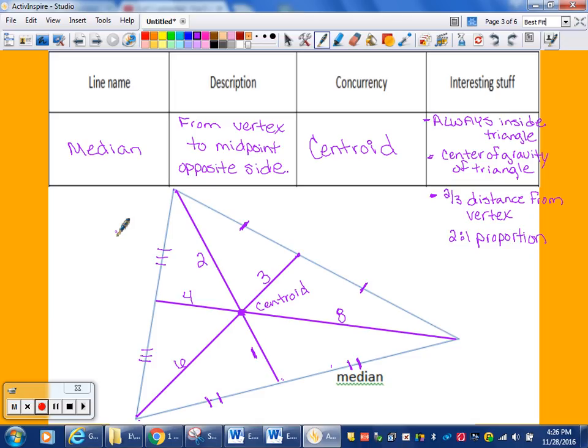It's known as the center of gravity of a triangle, meaning if you balance the triangle on that point, it would not fall, it would stay completely balanced. Now, the centroid is 2/3 the distance from the vertex. The median has a 2-to-1 proportion to it based on where your centroid is at.